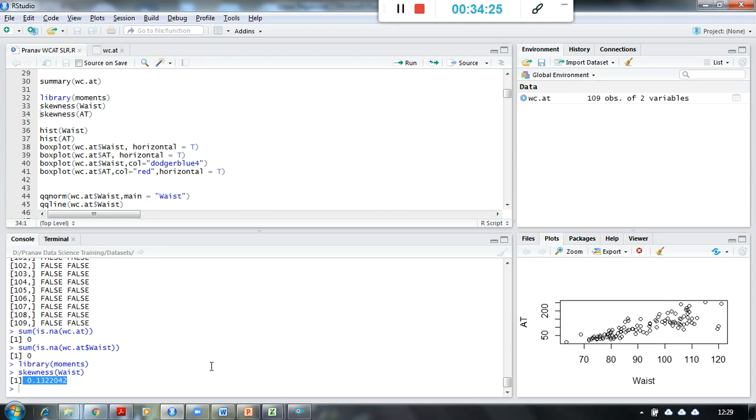Positive skewness means the long tail is towards the right side, for west. And how about for AT? It is again positive, which means both have a long tail towards the right side.